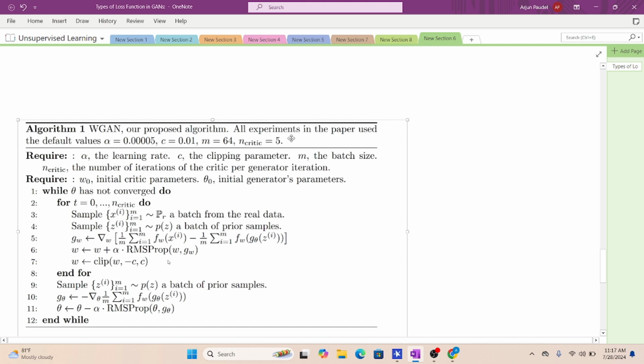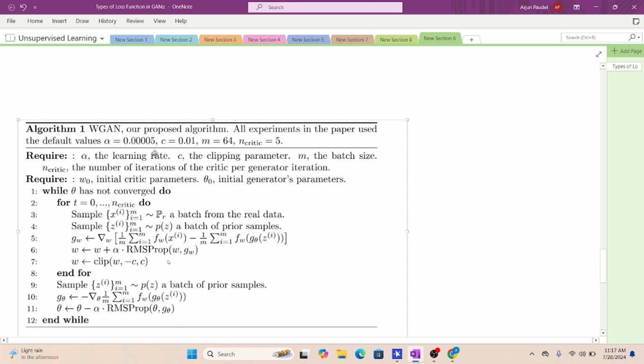We first train the discriminator, the critic, 5 times, then the generator, then 5 times the discriminator and then the generator. So we use the critic 5 times.